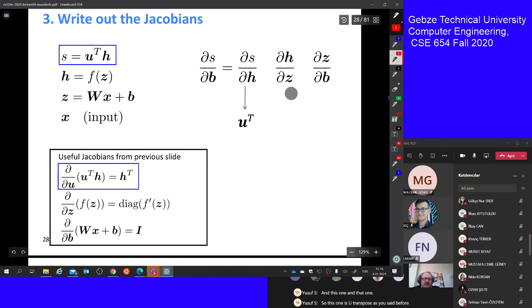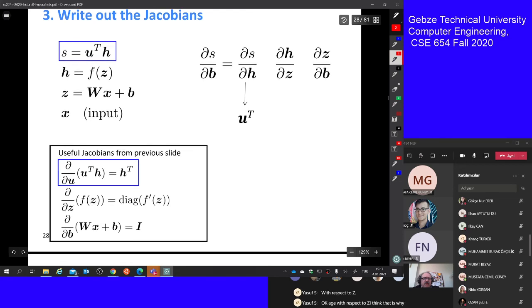How about this one? H with respect to Z. Okay. H with respect to Z. I think it is this one. It is diagonal of all the F functions, derivative of all F functions.